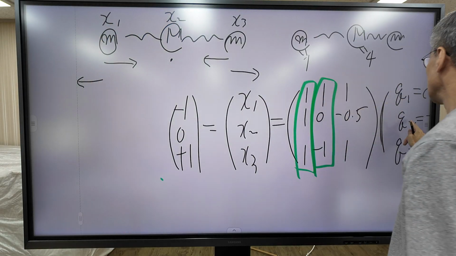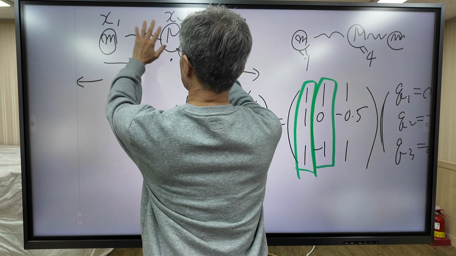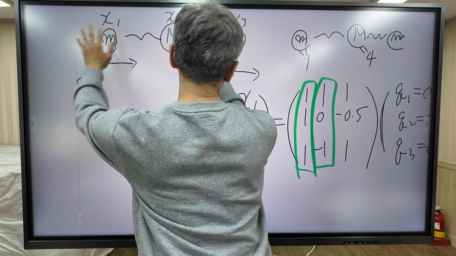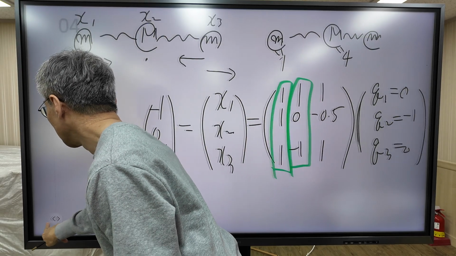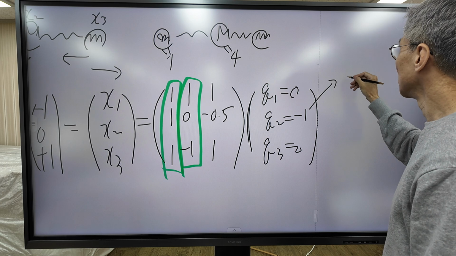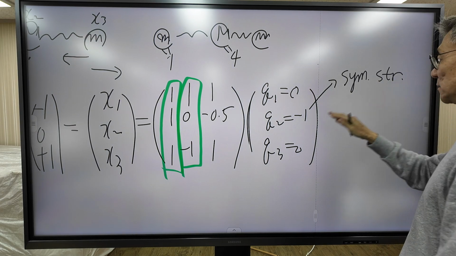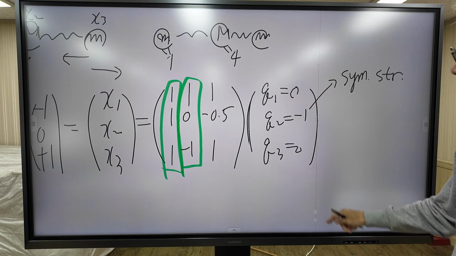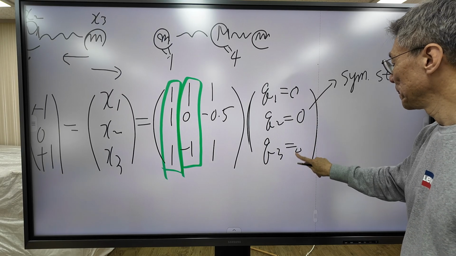When Q2 changes periodically, atoms move in this way. So this motion may be called symmetric stretching. This one may be called the symmetric stretching vibrational mode.